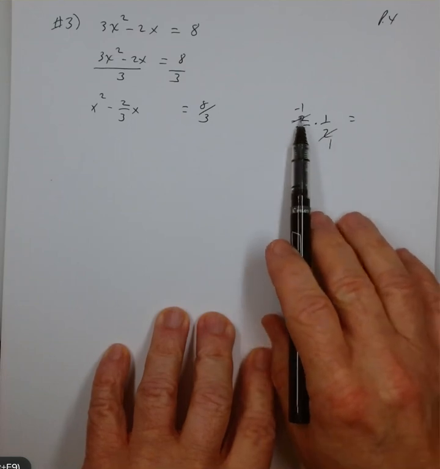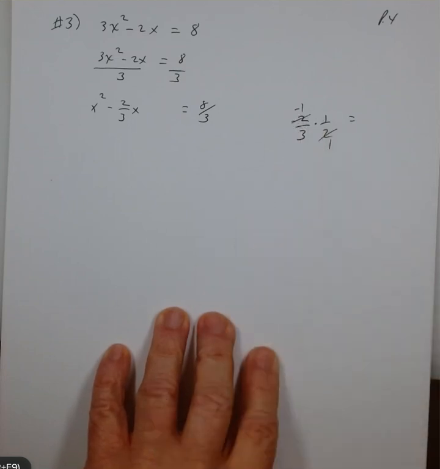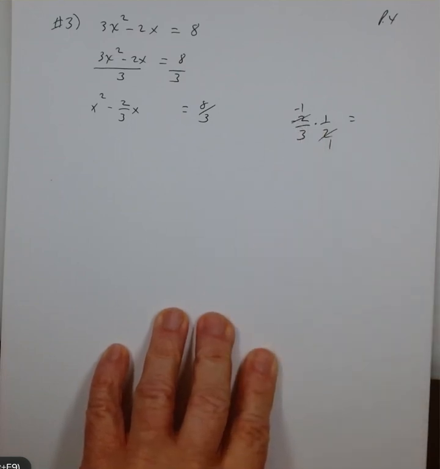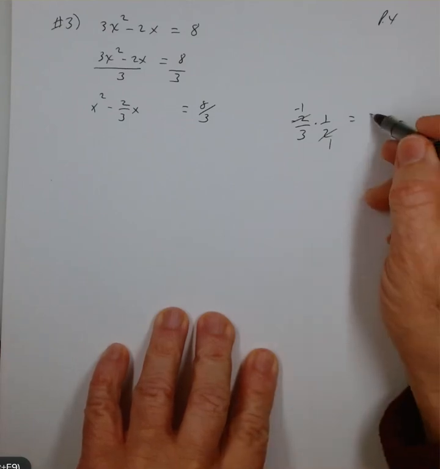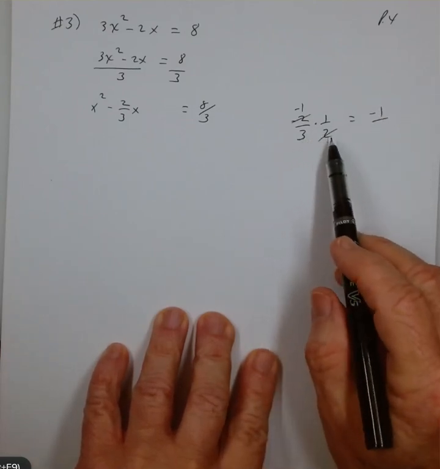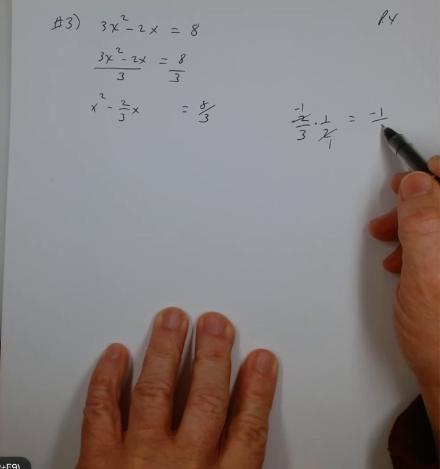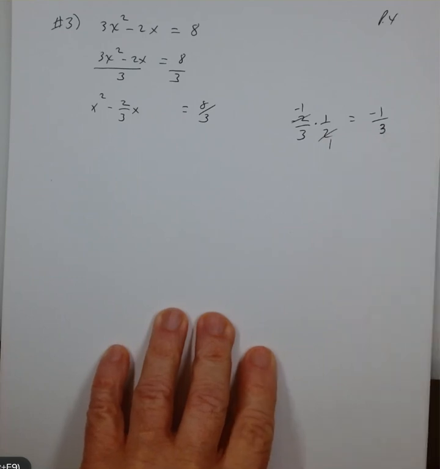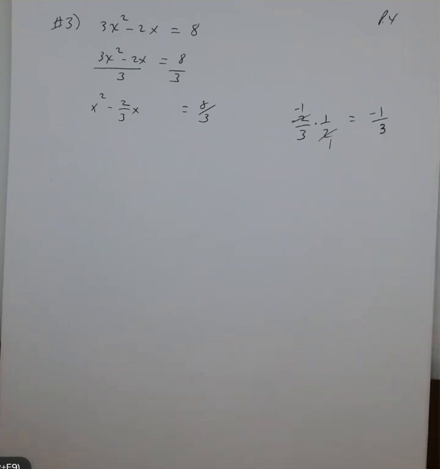And so the numerator, what's a negative 1 times a positive 1? Negative 1. The denominator, what's 3 times 1? 3, right? So half of negative 2/3 is negative 1/3.